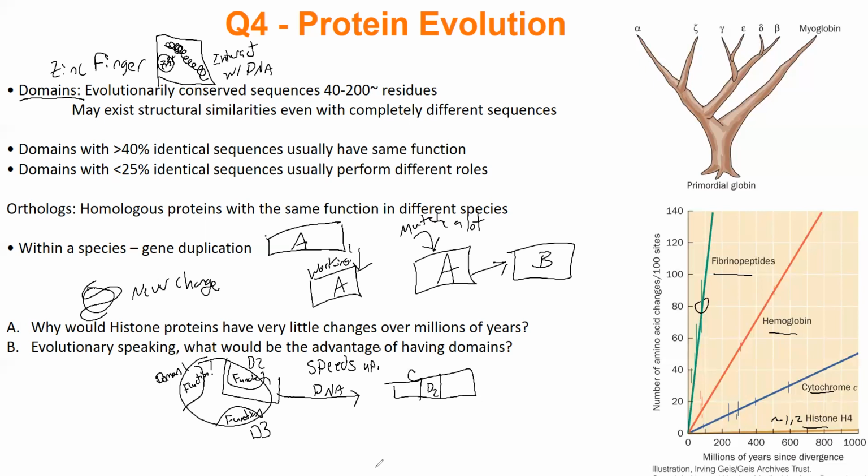You might be able to gain a new function, and you can exploit a new niche, which means that your population will now outcompete the other population. So that's why domains exist. It's because the organisms that didn't have domains, if there were such organisms, could not adapt as fast on a population scale.